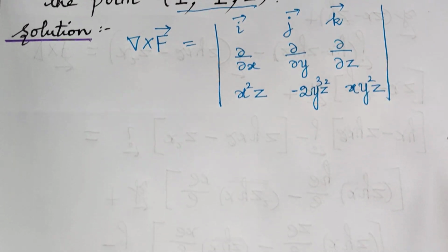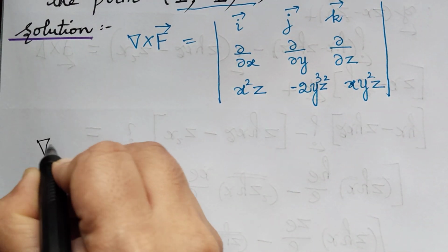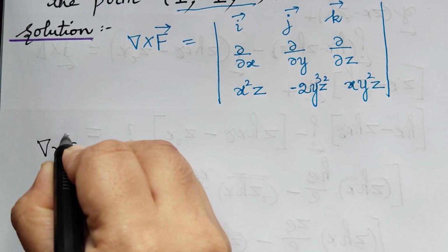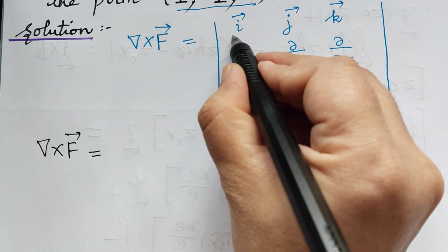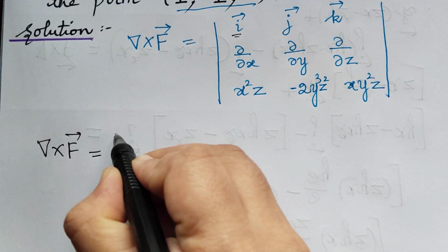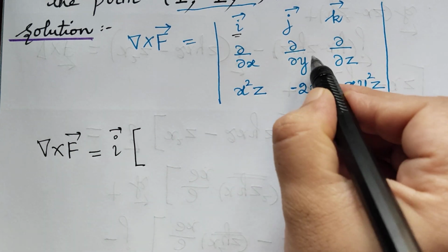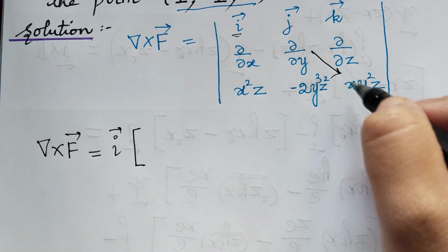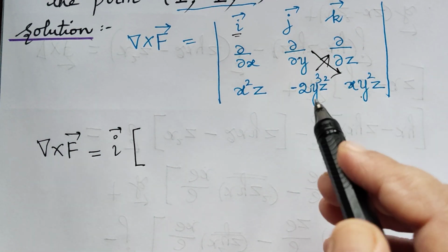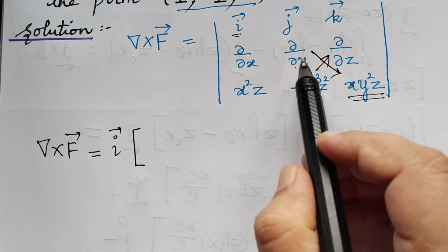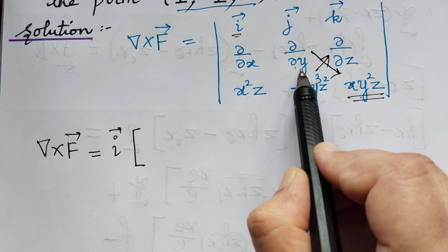So the determinant of this matrix is given by, nabla cross f vector will be equal to, first we should take i vector. So i vector multiplied with this into this minus this into this, that is this has to be differentiated partially with respect to y first.